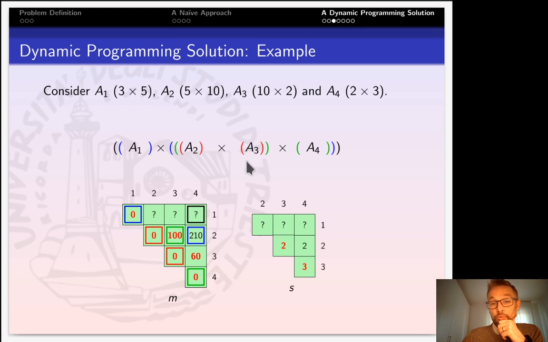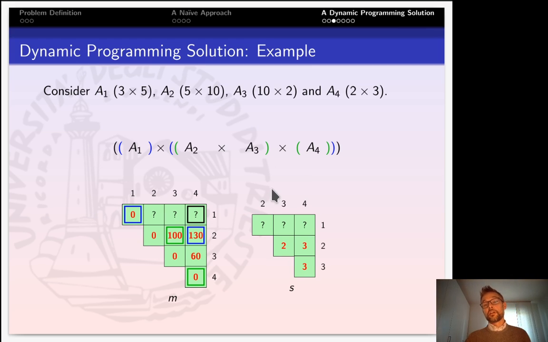Up to the previous step, the minimal number of scalar multiplications for A2, A4 was 210. Now, since I discovered that I'm able to perform the minimal matrix multiplication among A2, A3 with 100 multiplications, I can compute the minimal number of scalar multiplications required to perform A3, A4 by using this parenthesization, which is 130, and this is the last one.